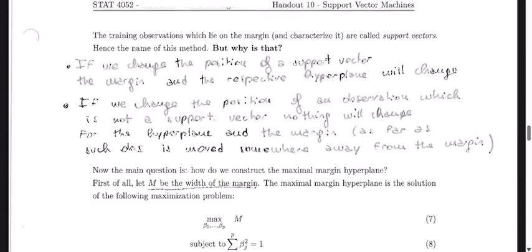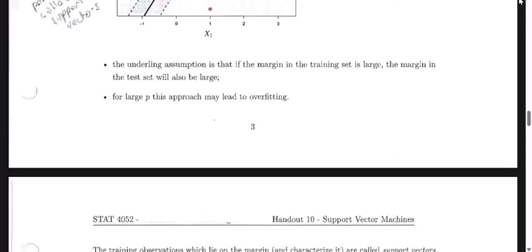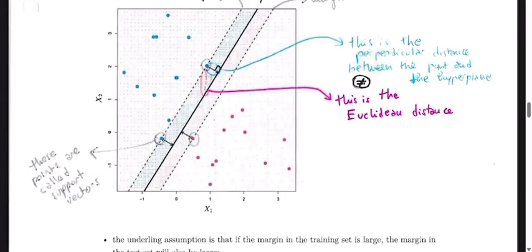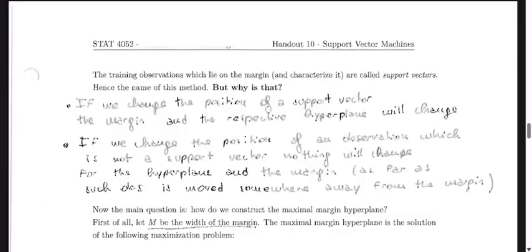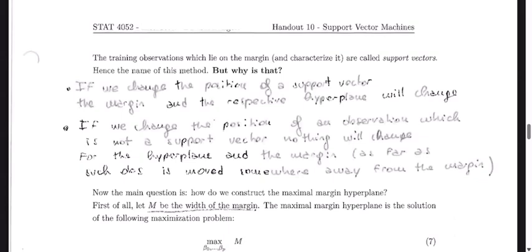I said the training observations which lie on the margin, we call them support vectors. This point here, it's on the margin. Can you see this point? They call them support vectors. Please pay attention.